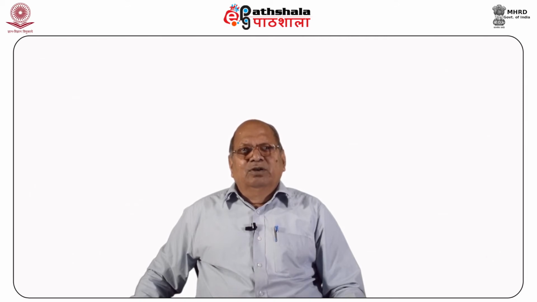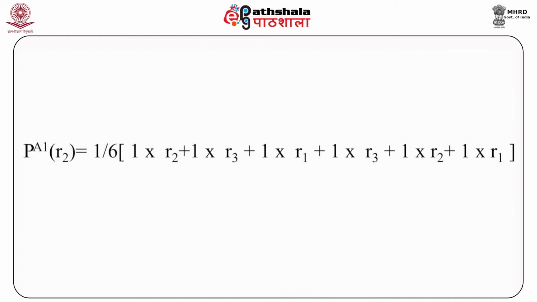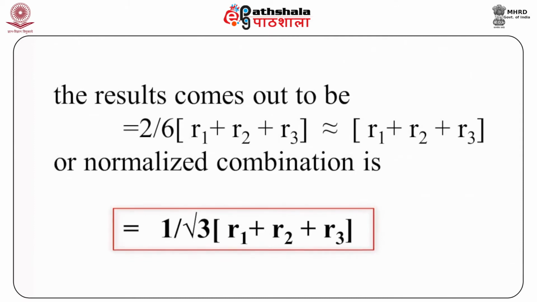Now, we have to find another linear combination of R1, R2, R3 which also has E symmetry, as it is two-dimensional in nature. For this, let us take the R2 function and follow the similar procedure as described earlier, and let us operate PA1 on R2, and after normalization we get the same result as 1 upon under root 3 R1 plus R2 plus R3, that is, the same SALC is obtained.